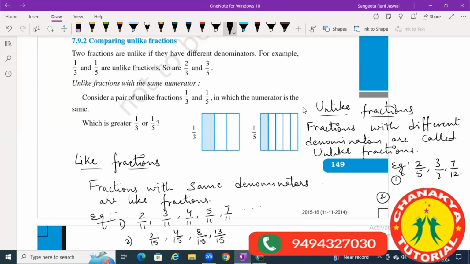Another example, you can take some different denominators, like 72 by 119, 13 by 126, any fraction with different denominators you can take. Done, ma'am. Okay.